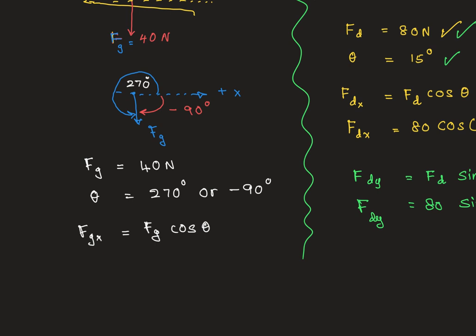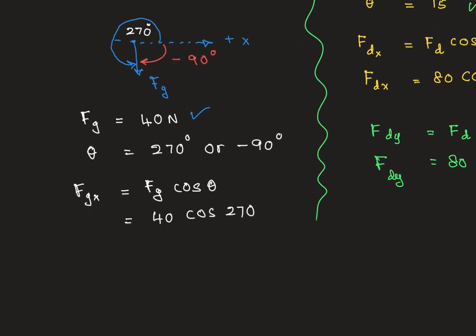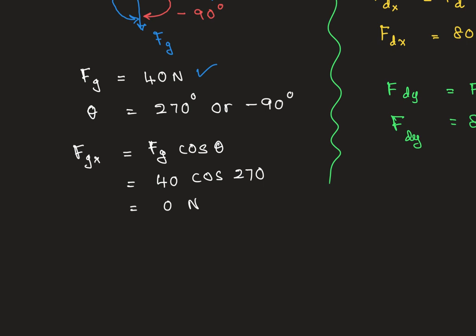So here Fg is 40, that is the given value, the magnitude, and then cosine of the angle, either 270 or negative 90. You will end up with the same answer. I know the value of cosine 270. I don't need the calculator there, so I am giving you the full answer.